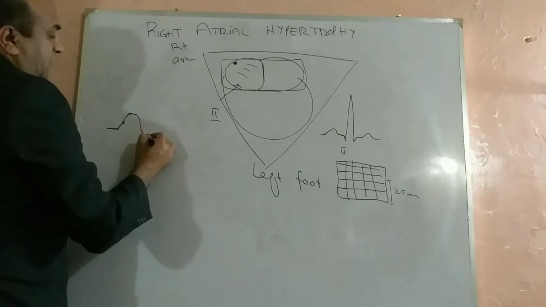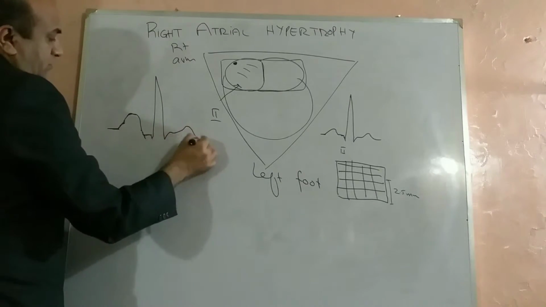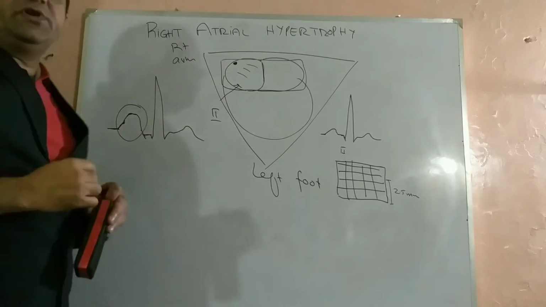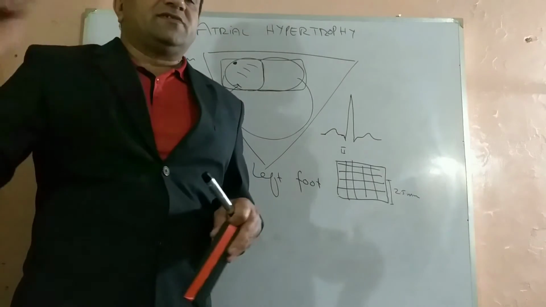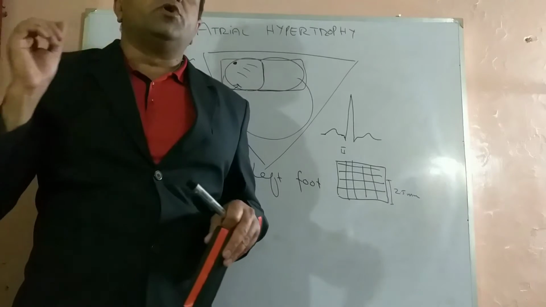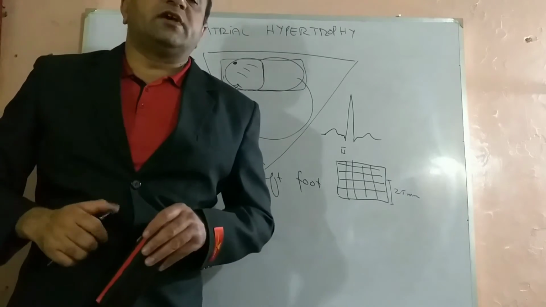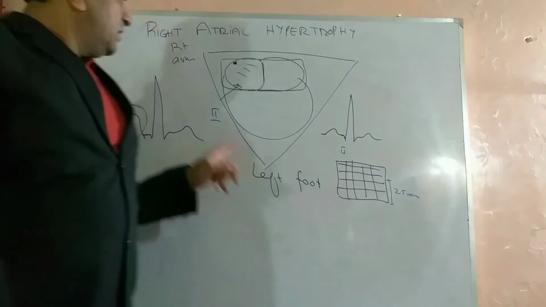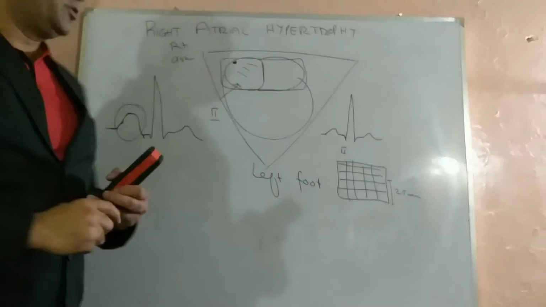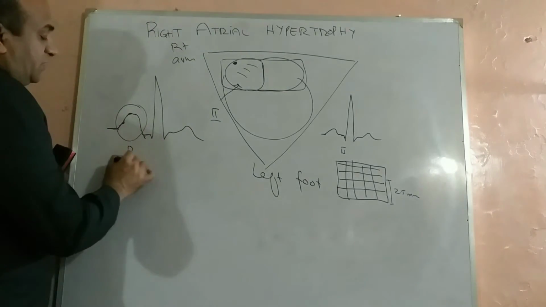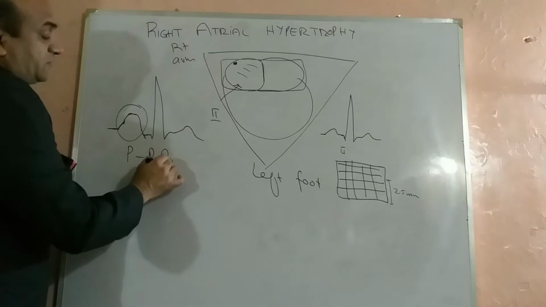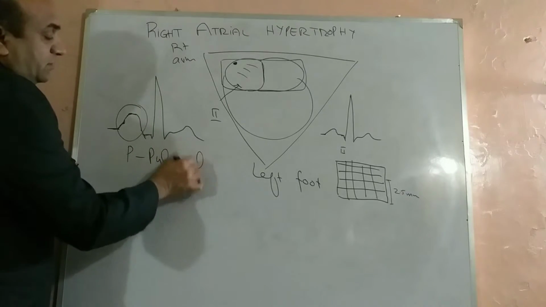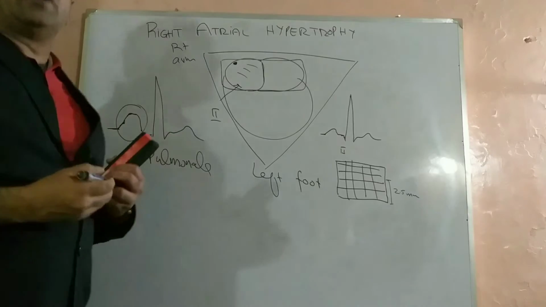This P wave is known as a tall, tented or peaked P wave, and the second name is P pulmonale, because most of the time it occurs in cases of pulmonary hypertension. So this is known as P pulmonale, and it signifies the presence of right atrial hypertrophy.